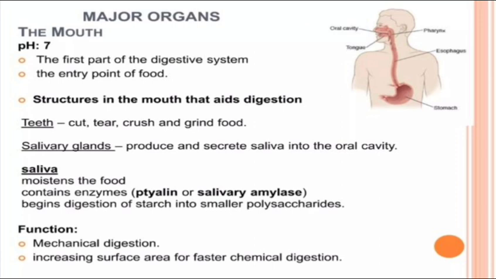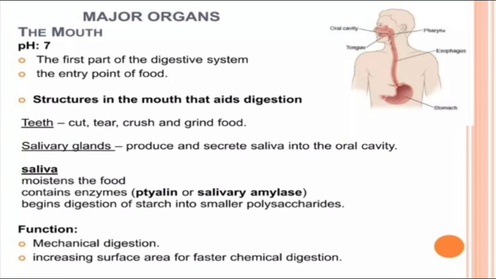First, saliva. It moistens the food. It contains an enzyme called ptyalin, or salivary amylase, which begins digestion of starch into smaller polysaccharides. So, the structures of the mouth contain teeth, salivary glands, etc. Teeth help to cut, tear, crush and grind the food.